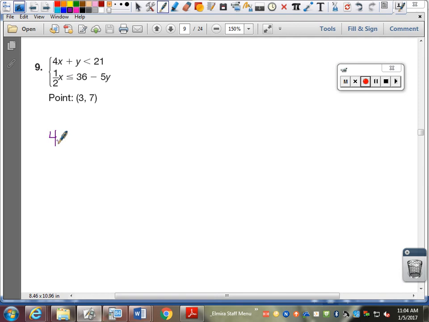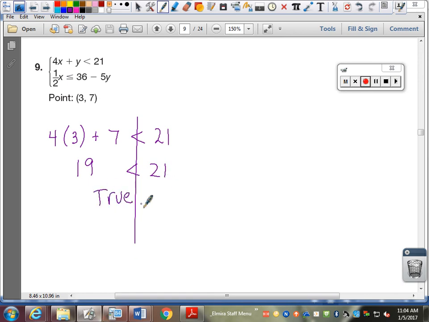So 4 times 3 plus 7 is less than 21, and I want to see if that's true or not. 4 times 3 is 12. 12 plus 7 is 19. 19 is in fact less than 21. That's true, so this is a solution to the first inequality. Let's see if it's a solution to the second inequality.